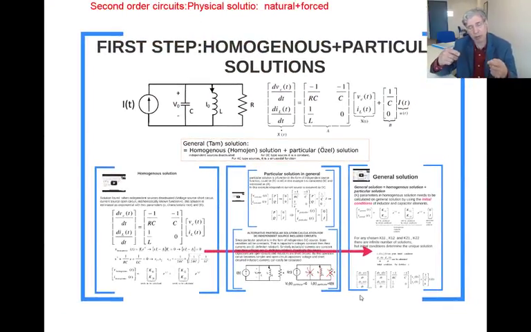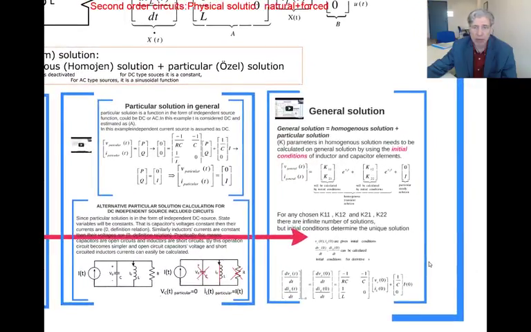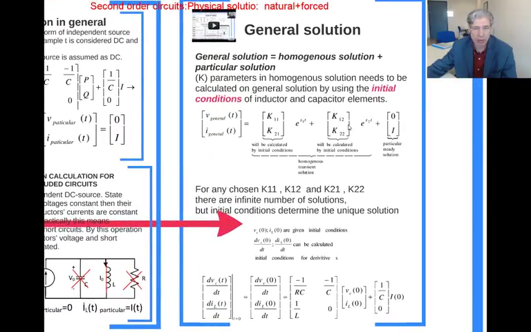I am trying to explain to you what we have done differently from the differential equation course. Another different thing that we have done is in the calculation of these k parameters. In here, we are calculating state variables, derivatives in initial conditions.